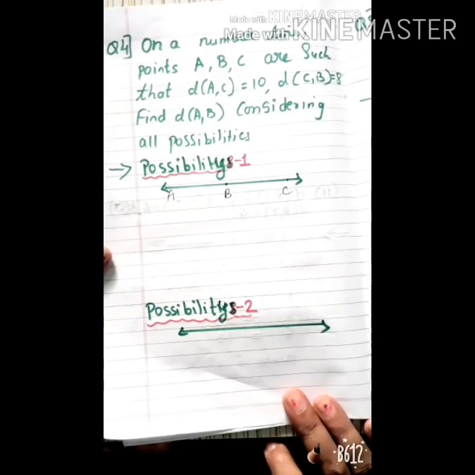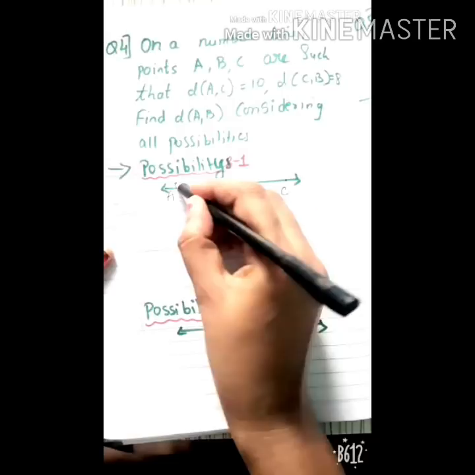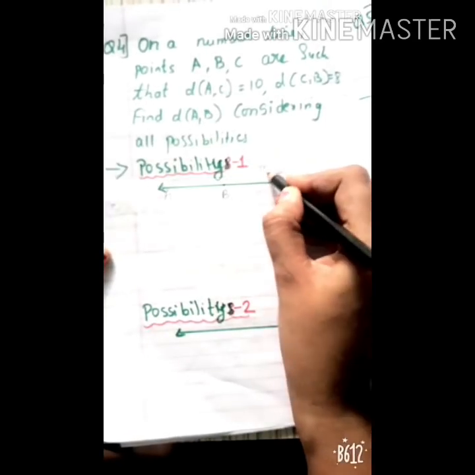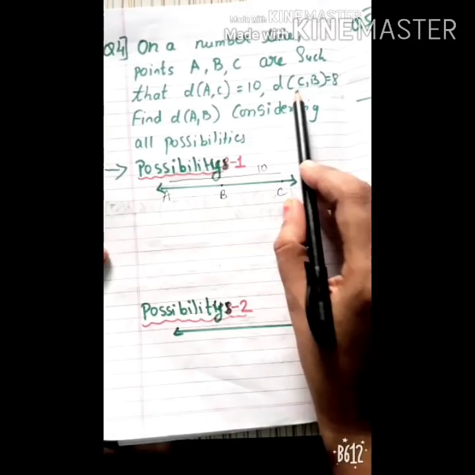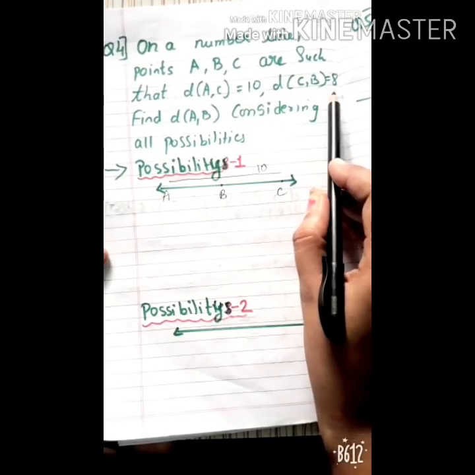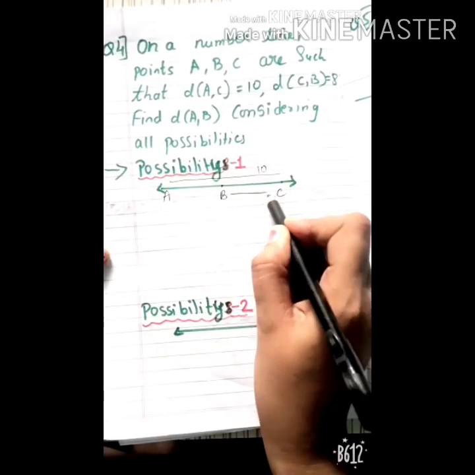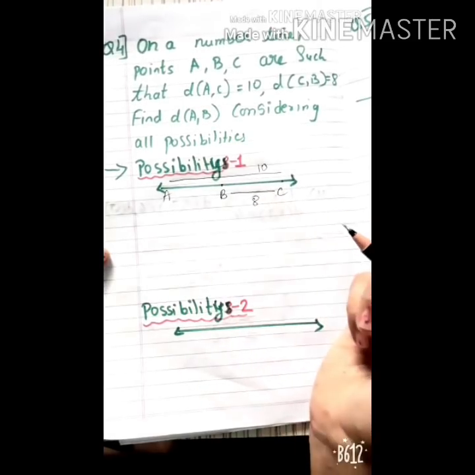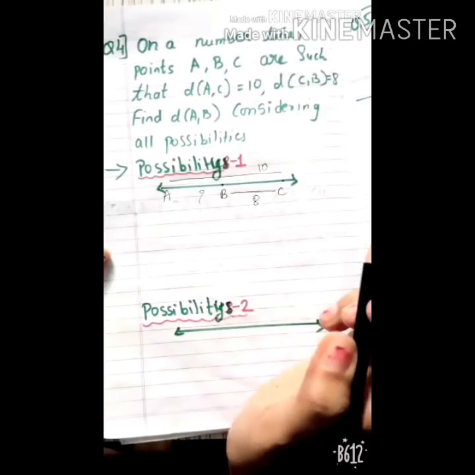As per the given information, AC is given 10. The distance between the point C and B is given 8. We have to find the distance between A and B.